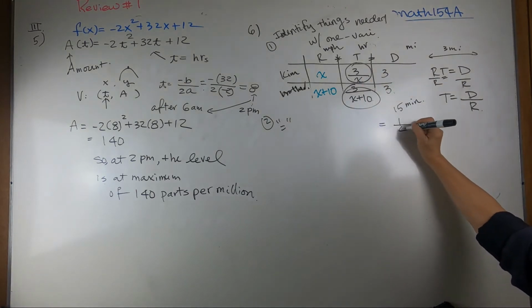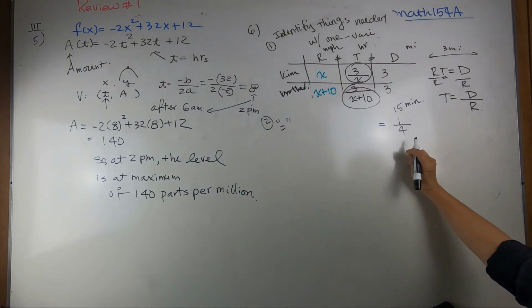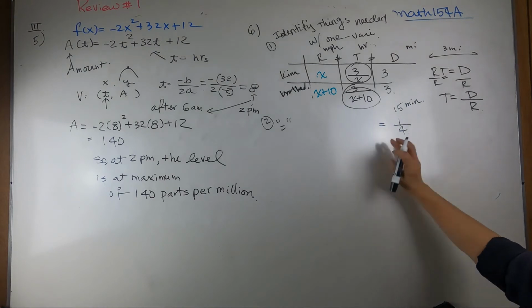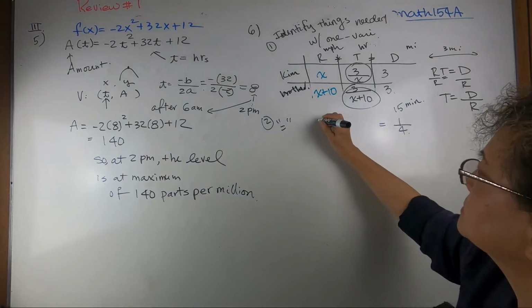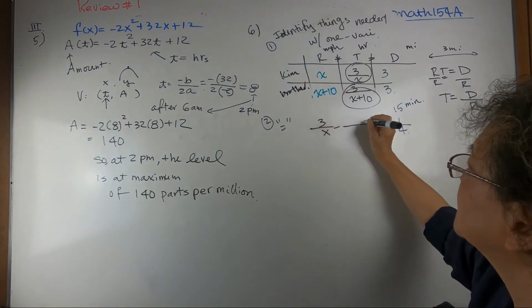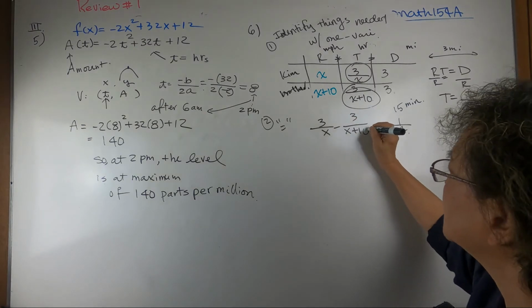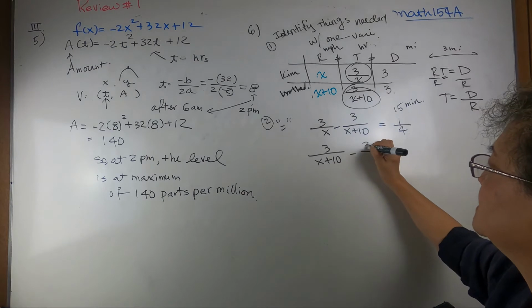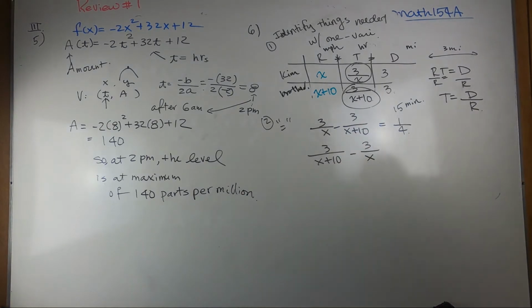So your 15 minutes is a quarter hour. Then the difference of these two times would be a quarter hour. So you can do 3 over x minus 3 over x plus 10, or 3 over x plus 10 minus 3 over x. Which one do you think you should use?